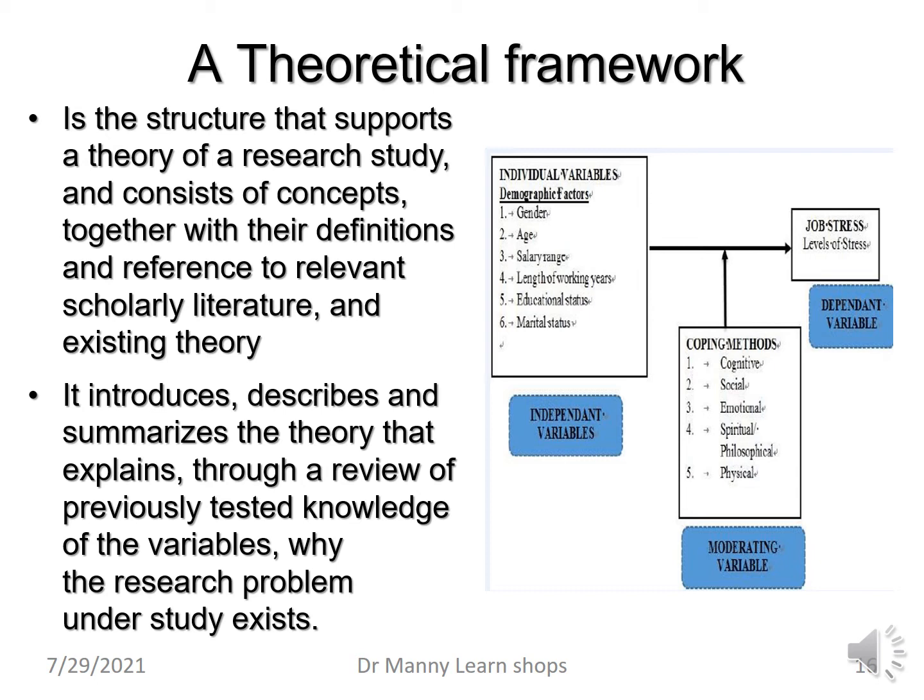You can cite it. You can modify it, as long as you acknowledge it. A theoretical framework introduces, describes, and summarizes the theory that explains, through a review of the previously tested knowledge of the variables, why the research problem under study is important and why it exists.